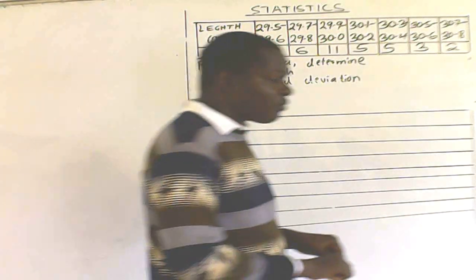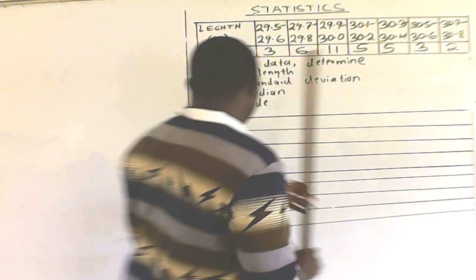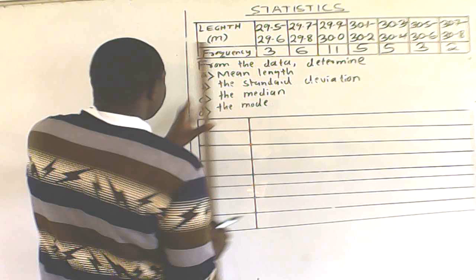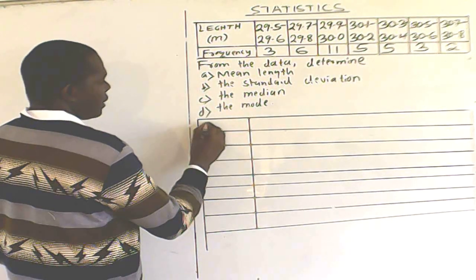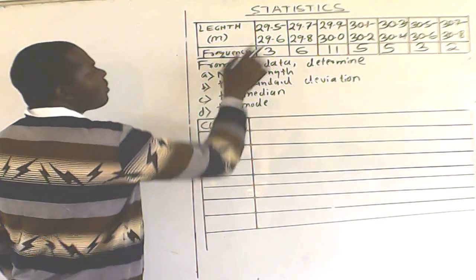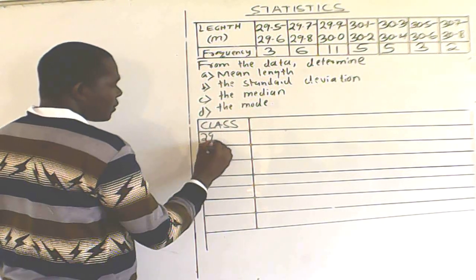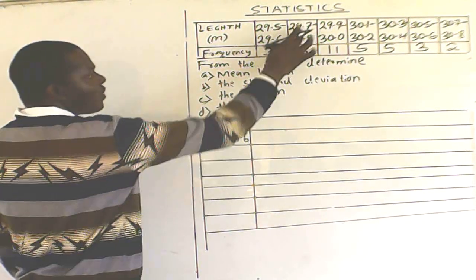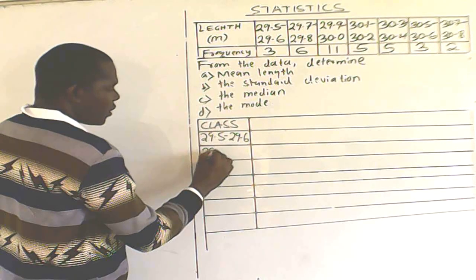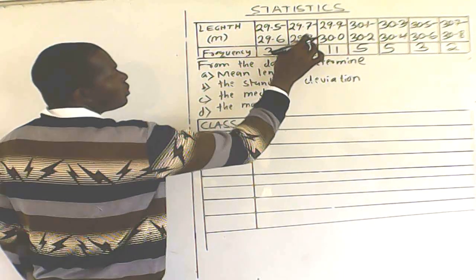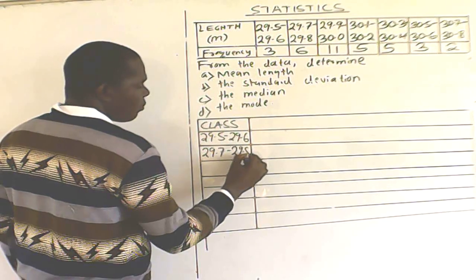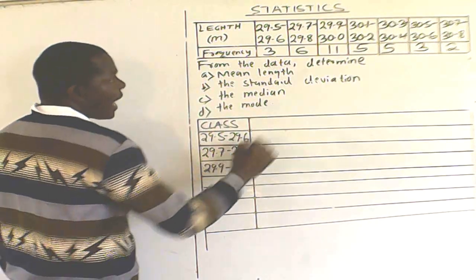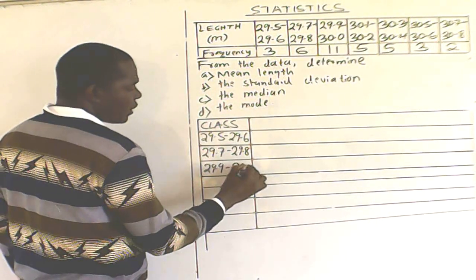When you are constructing the frequency distribution table, we start with the classes. The first class is 29.5 to 29.6. Then the next class is 29.7 to 29.8. Then the next class is 29.9 to 30.0.